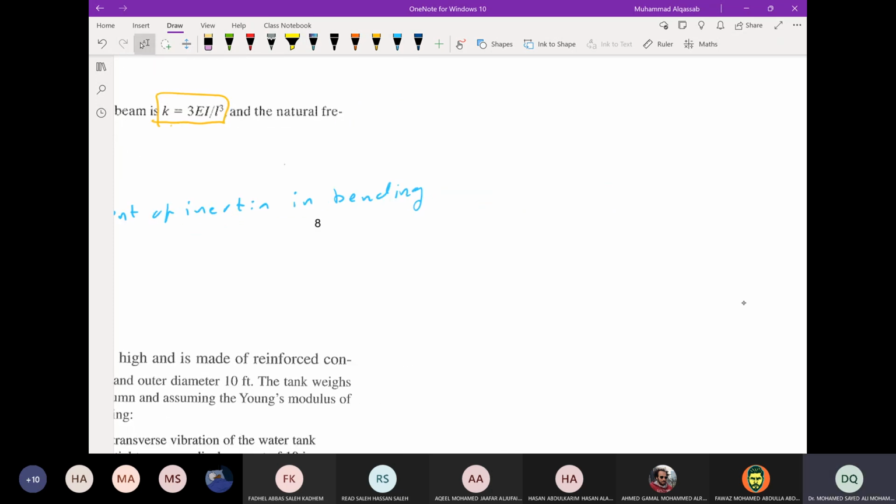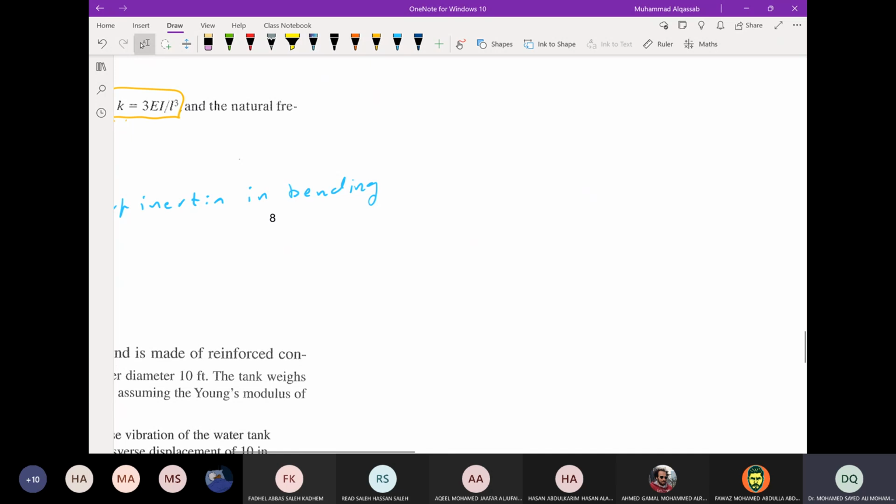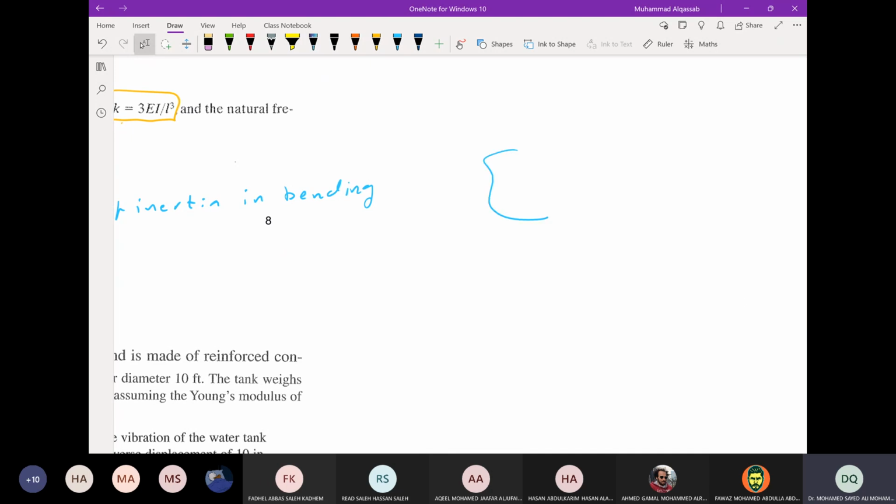So this is about bending, which means about an axis. You have to look at the cross section. In general, if this is the cross-sectional area, it will be about the centroidal line, either this line or this line.